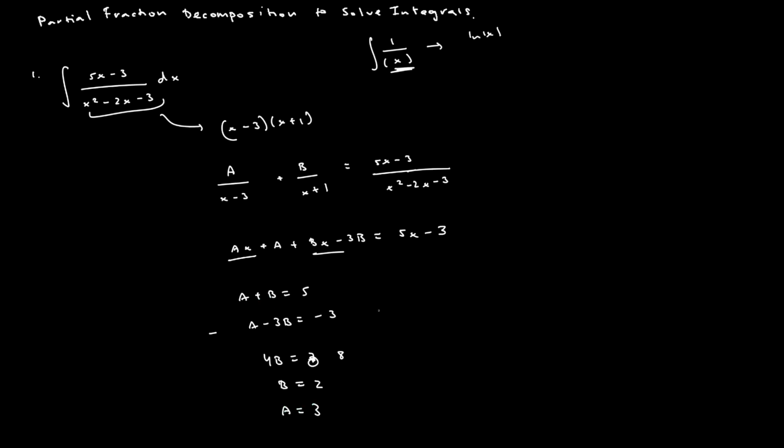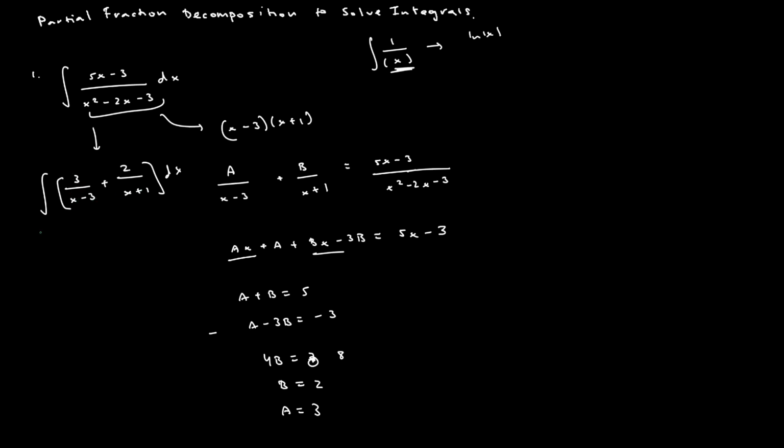And therefore, our original fraction can be represented as the integral of 3 divided by x minus 3 plus 2 divided by x plus 1 dx. Notice how, once we have decomposed the original fraction into two terms, we already know the antiderivative of each of these terms because we have the form of 1 over x.